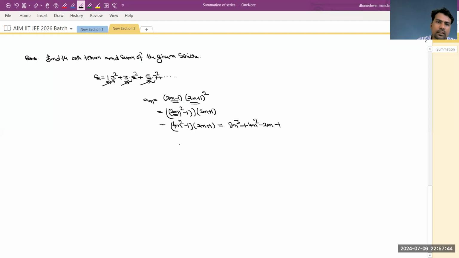So here we have the nth term t of n. S of n is equal to the summation of t.